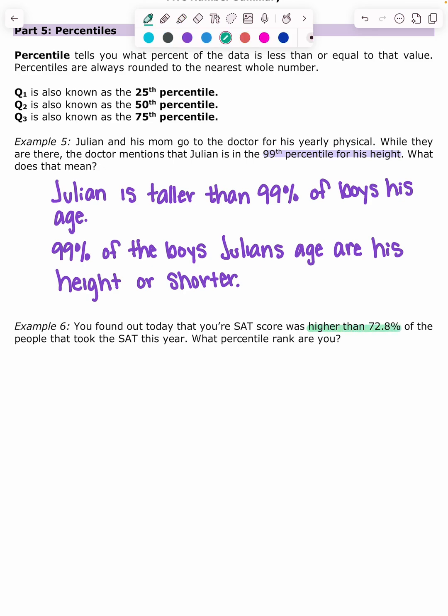So that means 72.8% of people scored lower than you. And that's important because percentiles are always the percent that is lower than you. So if this had been worded differently, we might have to do a little more work to get to our answer.